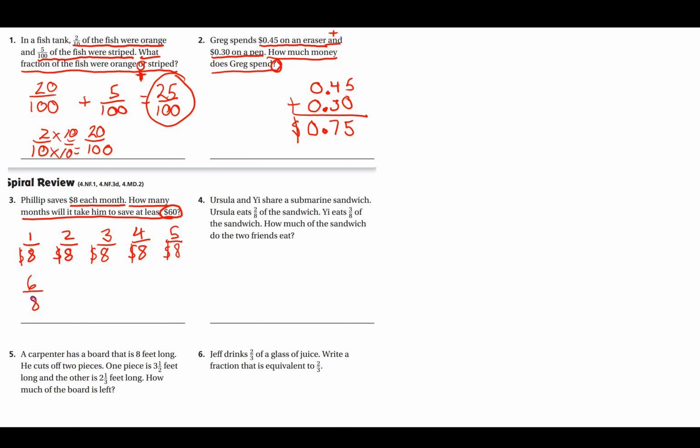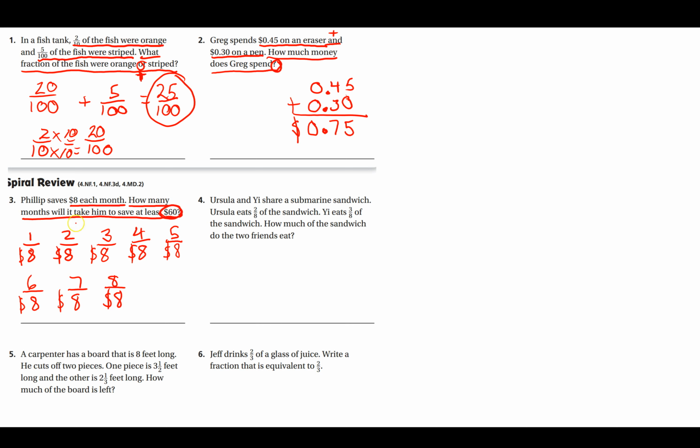So it's the sixth month, he saves another $8. That's going to be 48. The seventh month, he saves another $8. So 48 plus 8, that's going to be 56. Not quite to 60, but if he has 56, that means in the 8th month, if we're adding another $8, that will put him over 60. And if we do our math, 8 times 8 is $64.